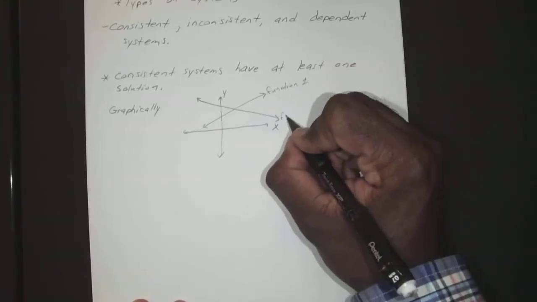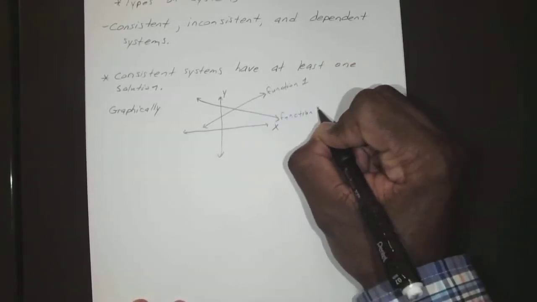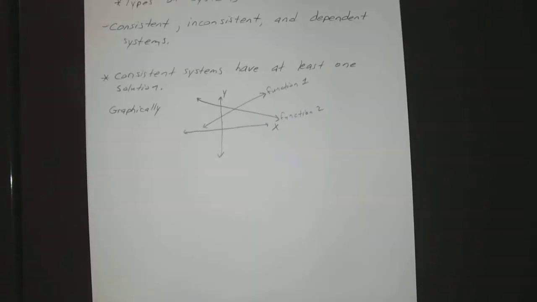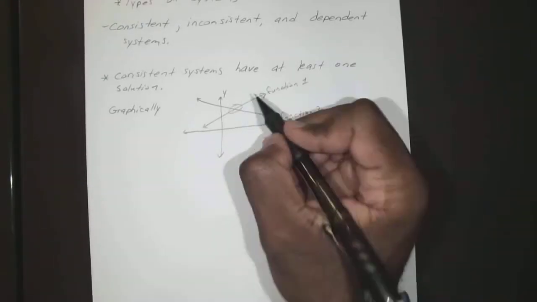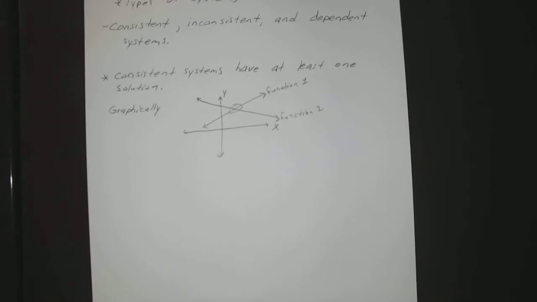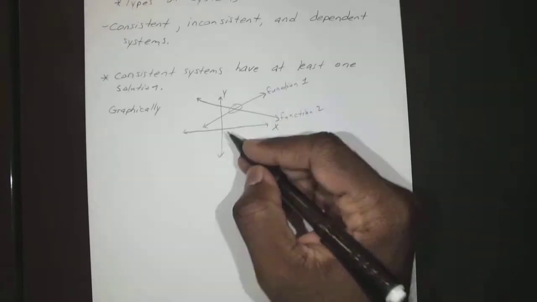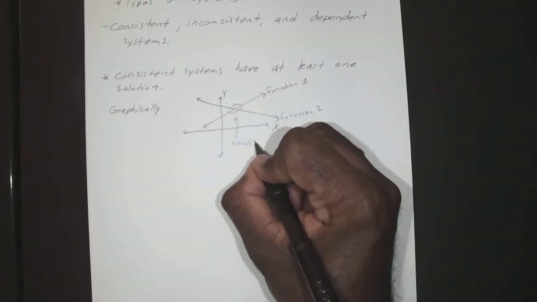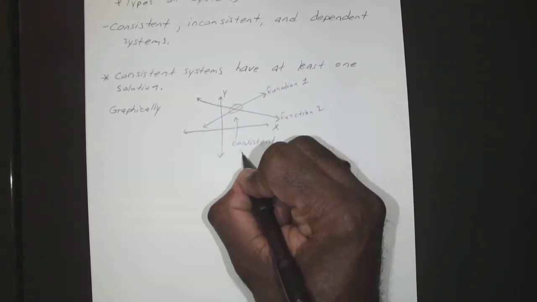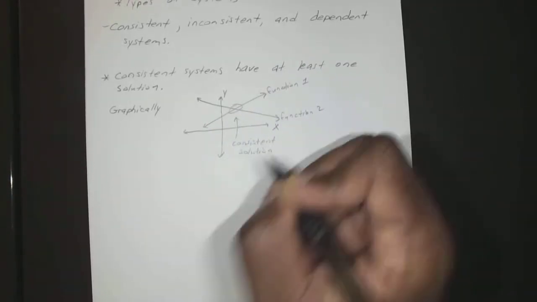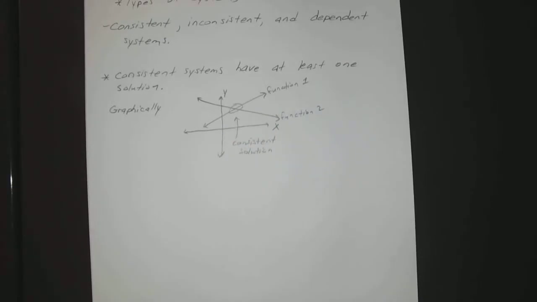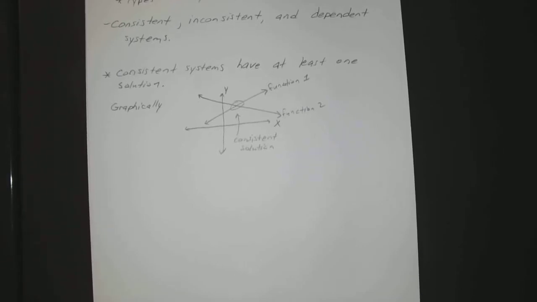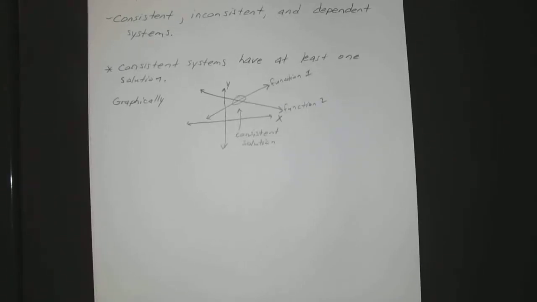Right there would be your solution. Wherever those two lines cross, that's where x and y are exactly the same. So you have that one common point, which is what we solved before.